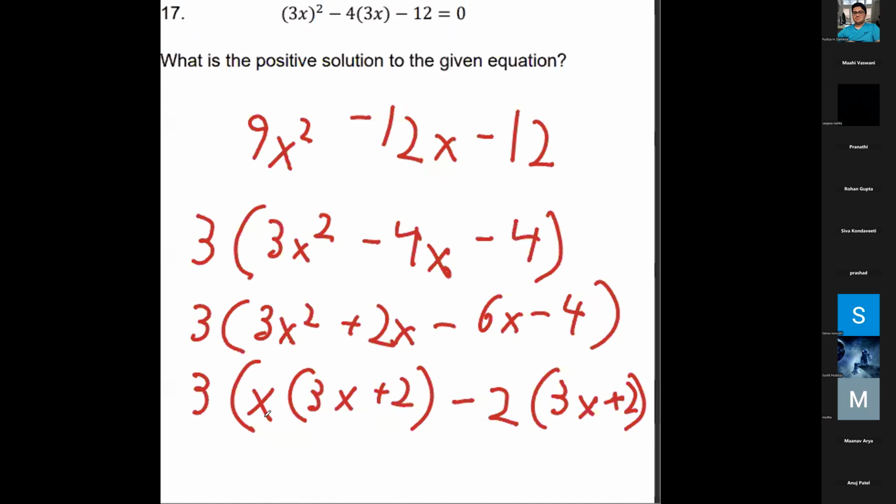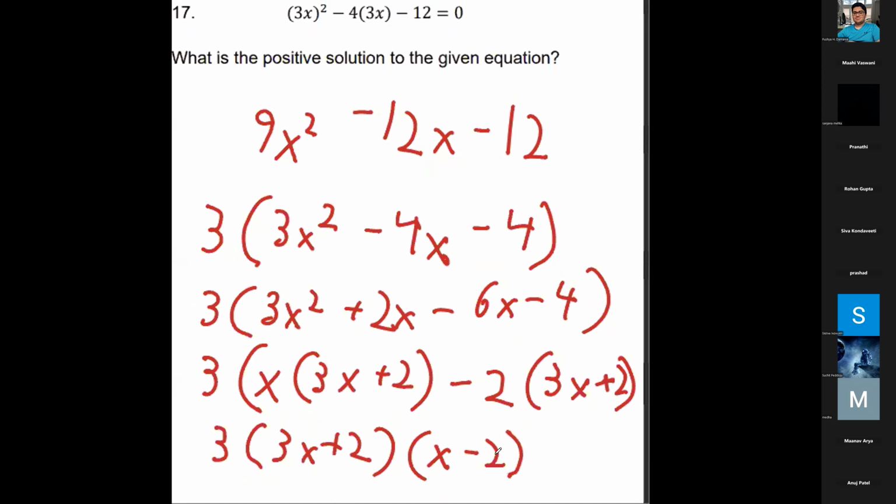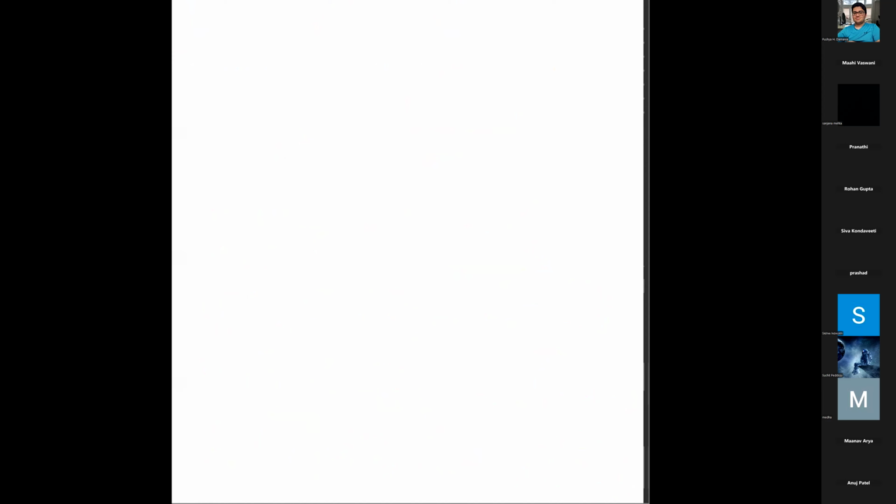So now that we have that, our factors would be 3 times 3x plus 2, and then the other factor would be x minus 2. So these are two factors, and it asks what is the positive solution to the given equation? Well, that would be x equals positive 2. The correct answer is x equals positive 2. Okay, question 18.